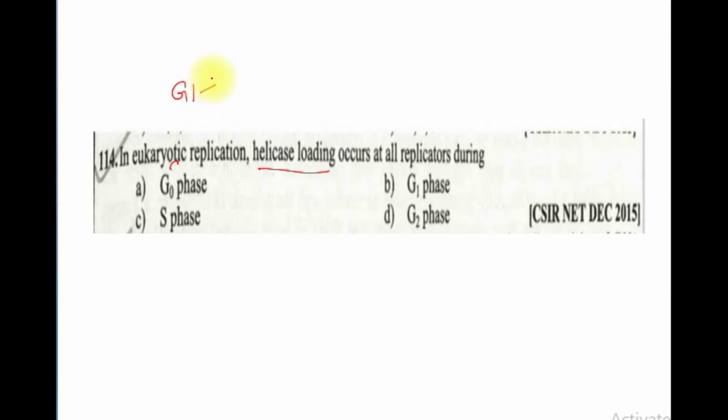But these enzymes or the things which are needed for the replication are in the inactive form. When it enters into the S phase, all of these are activated, due to which there will be replication.